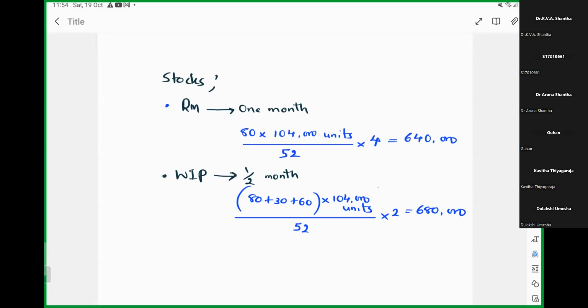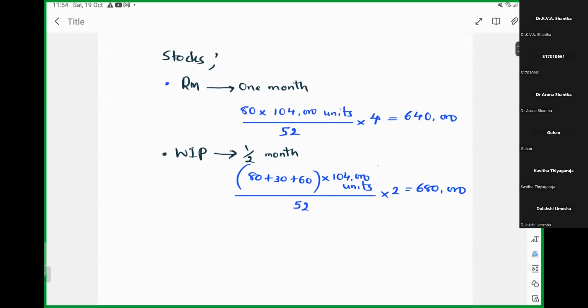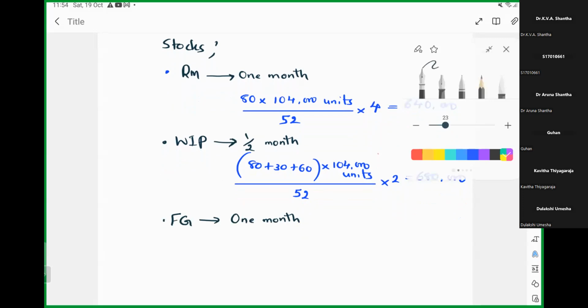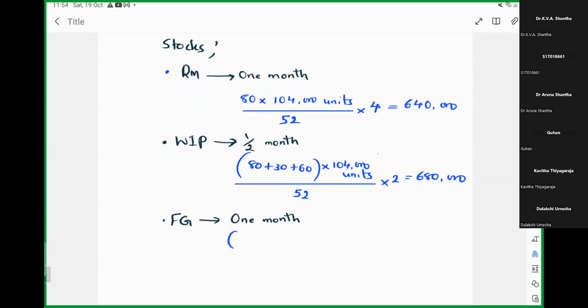Then finished goods. Finished goods stock, 1 month. So you take the total cost per unit, 170. Production cost per unit, 80, 30 and 60, that is 170, into the number of units.